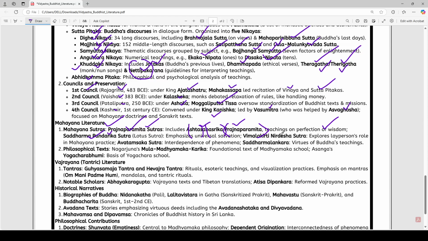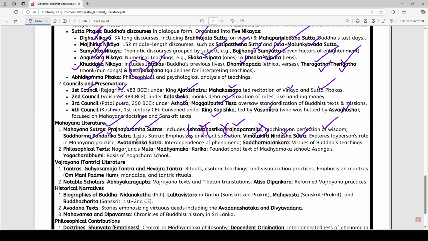Now next is Vimala Kirti Nirdesh Sutra. Vimala Kirti was a Bodhisattva. You already know Bodhisattvas are those who have achieved enlightenment but delay their own to help lay persons achieve enlightenment. So Vimala Kirti was this Bodhisattva who gave his Nirdesha, guidelines, in his work, Vimala Kirti Nirdesh Sutra.